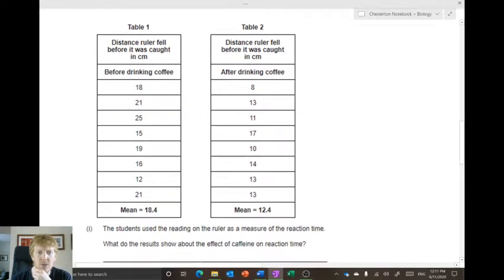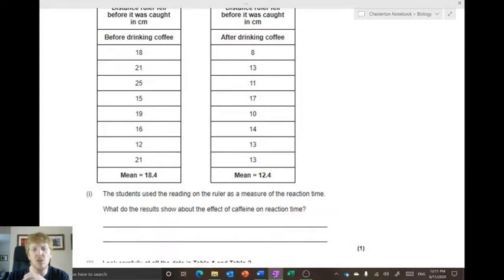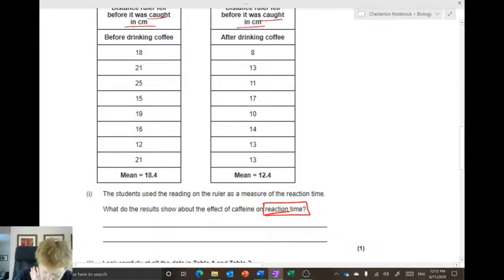Table 1, distance fell before drinking coffee, distance after drinking coffee. The student used the reading on the ruler as a measure of reaction time. What do the results show about the effect of caffeine on reaction time? So the key part here is it's asked you about reaction time. This is the distance it was caught in centimeters.